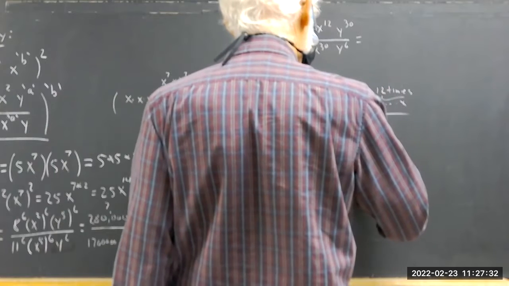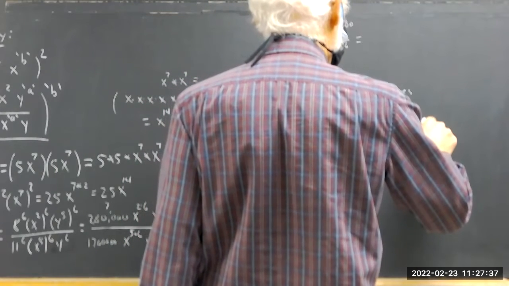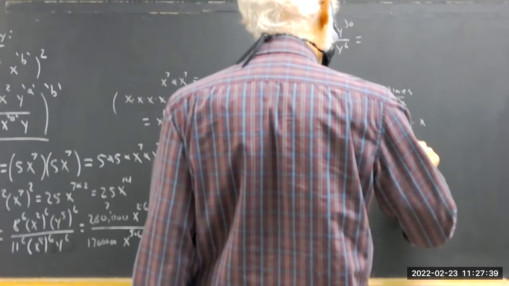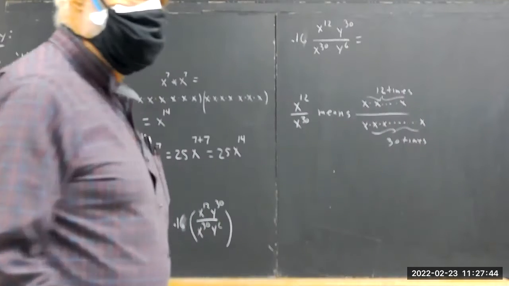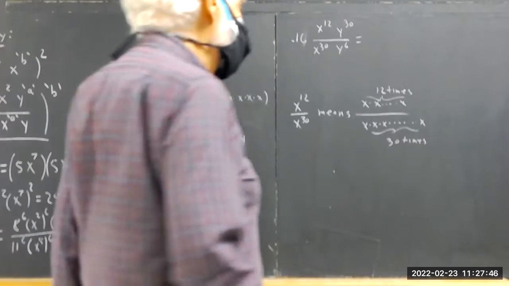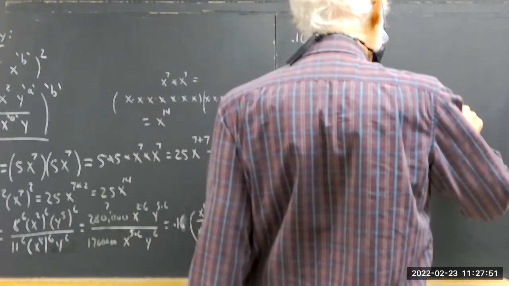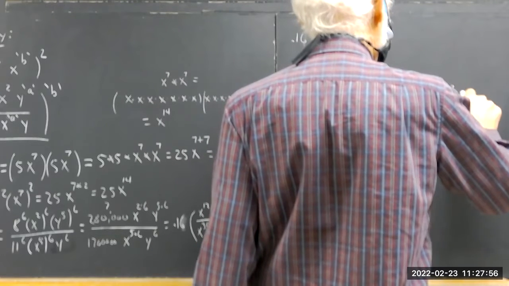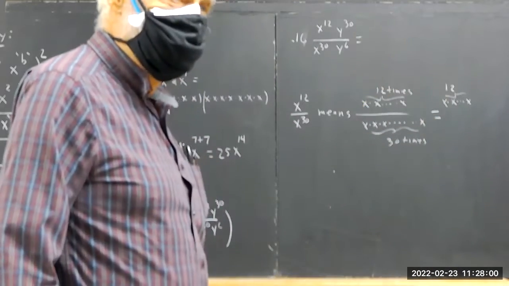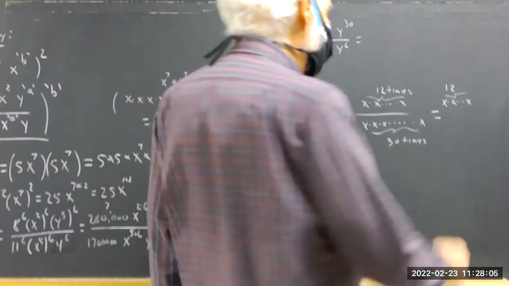And then you got, make this look a little longer. You have 30 of these, okay? Now, using what you know about fractions, it means you could do, I'm just going to write 12 there to indicate that there are 12 of them. I don't want to keep writing times down because of time.